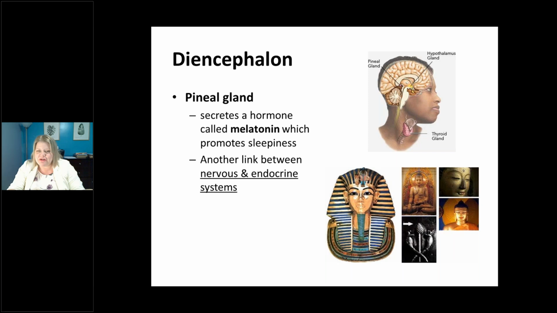They don't understand it in all its complexity. Historically, they will represent the pineal gland as the pine cone and the third eye. So just some historical artwork there for you. It is also another link between the nervous and the endocrine system, but it's not the primary link. The pituitary gland is.